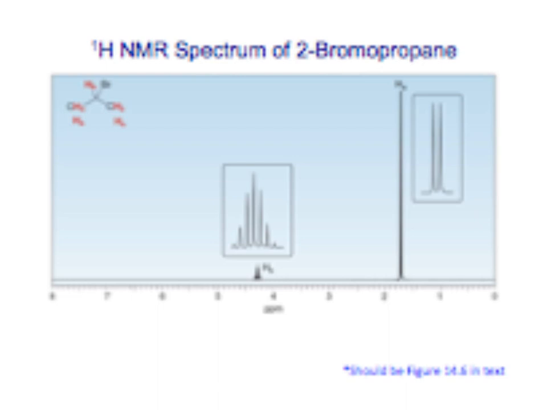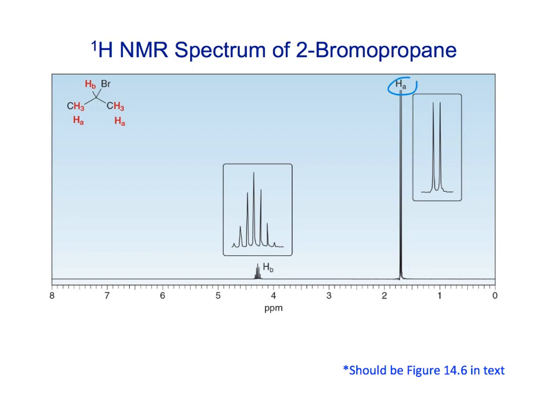Here's the proton NMR spectrum of 2-bromopropane. At the upfield side, this is for HA. Notice that HA is labeled for both of the methyl groups, so they are both observed within the same signal. But what about the splitting? What kind of a pattern do we see? It's a doublet.